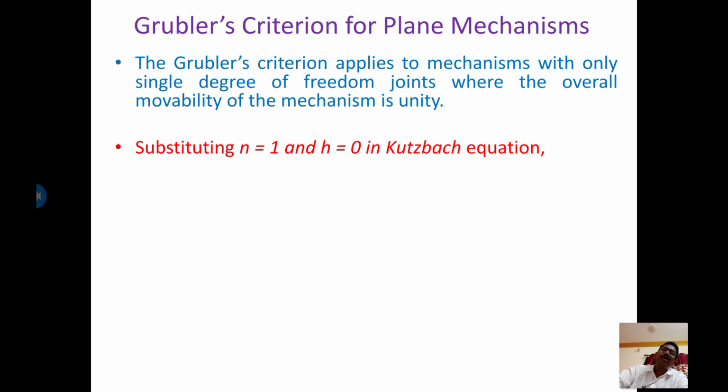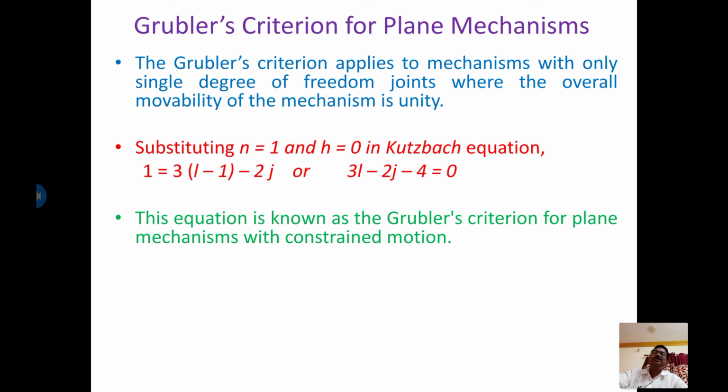So whenever n is 1, mobility is 1. Substituting n is 1 and h is 0 in the Kutzbach equation, 1 equals 3 into (L minus 1) minus 2j, so 3L minus 2j minus 4 is 0. This is the equation.